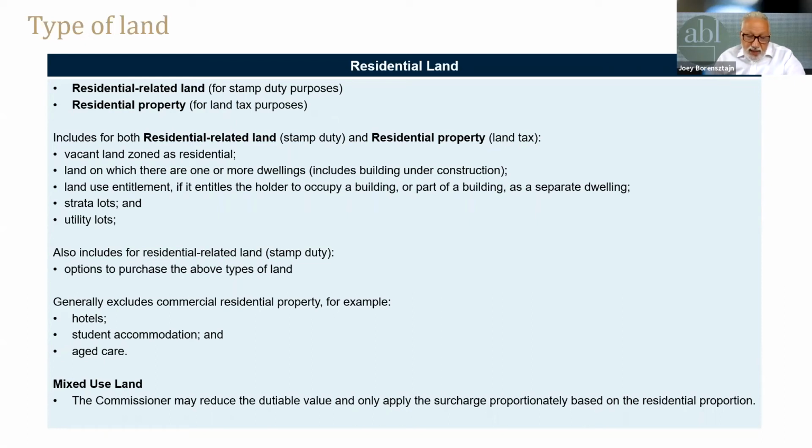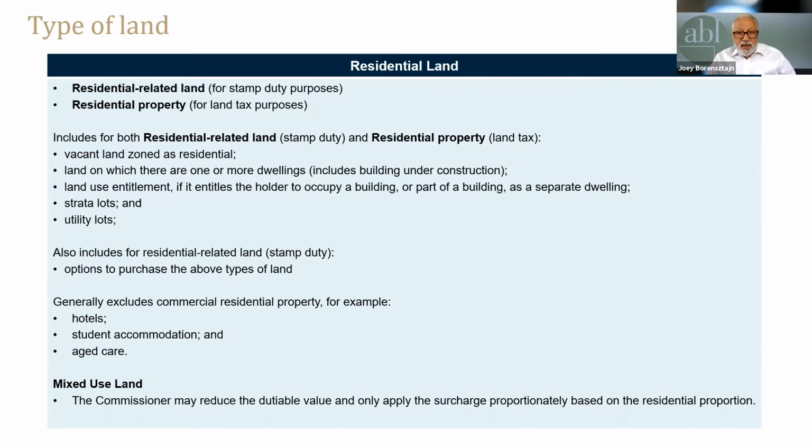The difference for stamp duty and land tax, and this only applies for stamp duty purposes, is that it will apply also to options to purchase any of the above types of land or interests in land. Generally, residential land excludes commercial residential property, for example, hotels, student accommodation, and aged care. If you have a mixed use property, the Commissioner may reduce the dutiable value and only apply the surcharge proportionately based on the residential proportion.